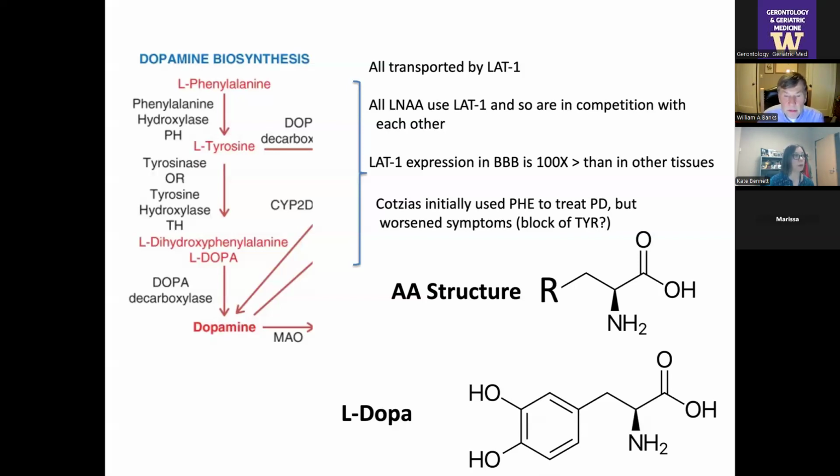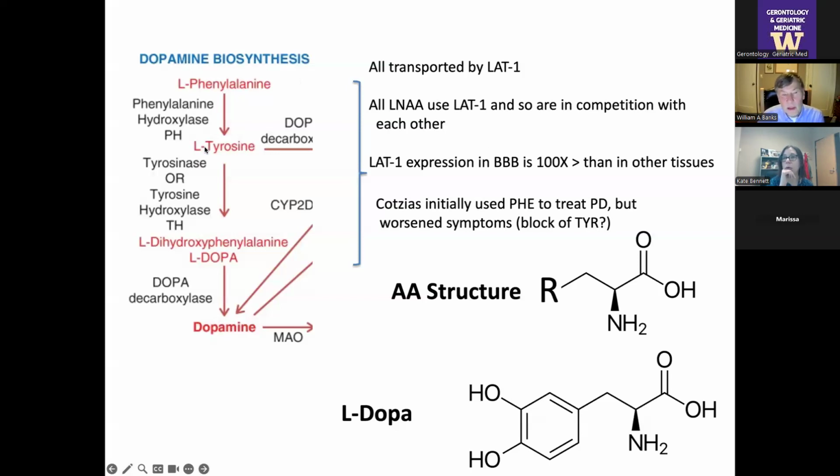Originally it's interesting, but they all compete with each other. That's a very fundamental point to remember: because they're all being transported by this, if one goes up, it will block the entry of the others. And so this perhaps explains why Cotzias was unsuccessful in treating Parkinson's using L-phenylalanine. The reason he did this is that L-phenylalanine is water soluble in comparison to tyrosine, which is very lipid soluble.